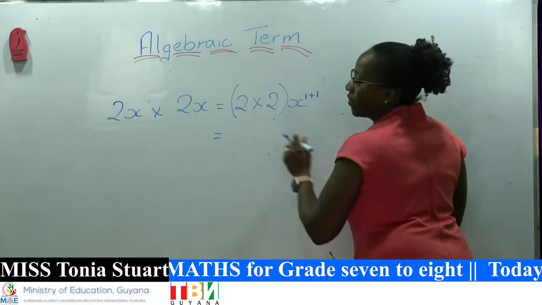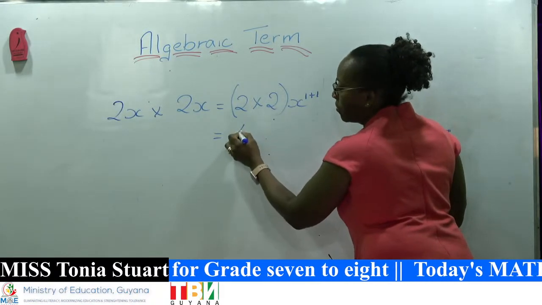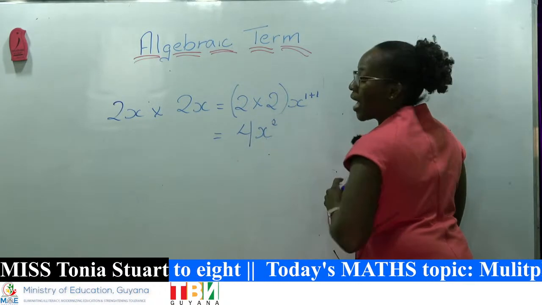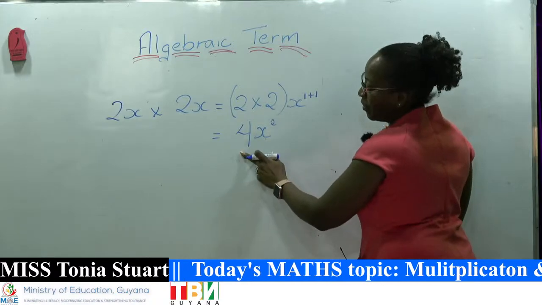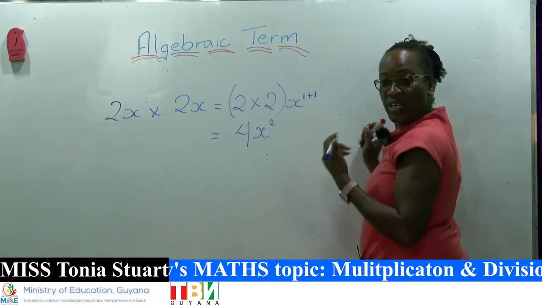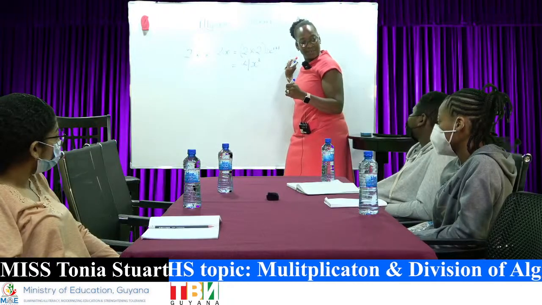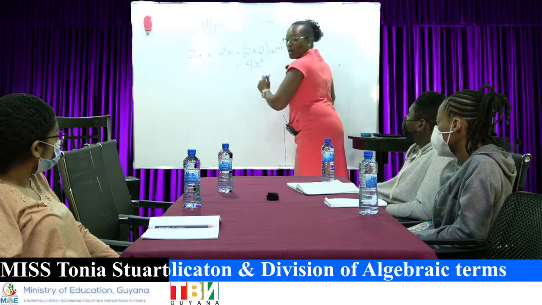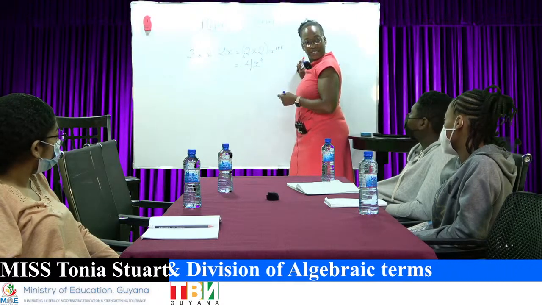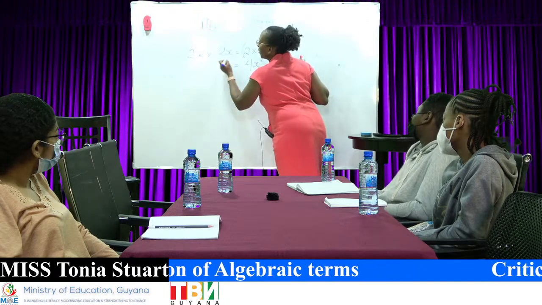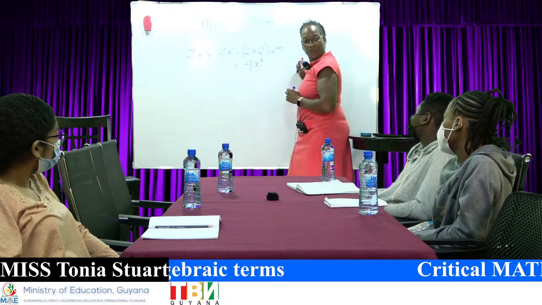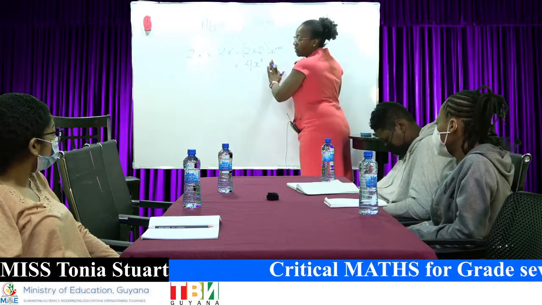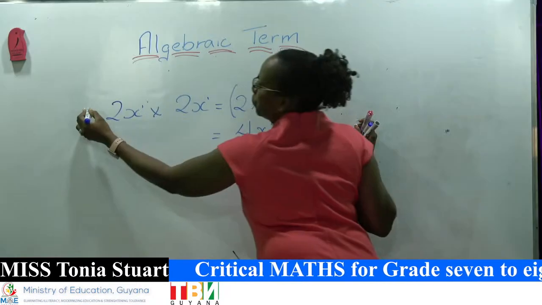So what would we get here? 2 2's? 4. 1 plus 1? 2. So our answer now becomes 4x squared. You realize when we were adding or subtracting, we did not add the powers of the x's, because there is an invisible 1 here and an invisible 1 here. We don't have to write it because you're seeing 1x. Right? So do you think you understand this one? Yes. Let's try another example.